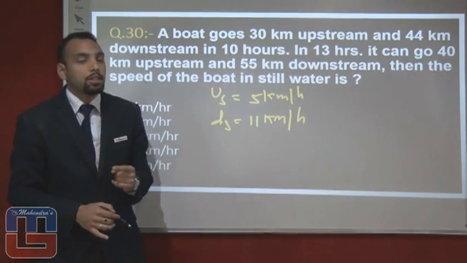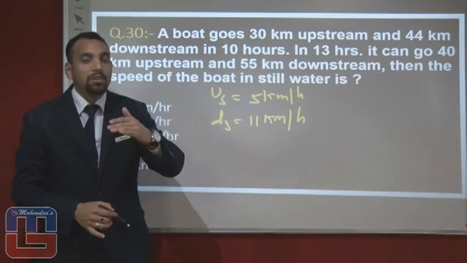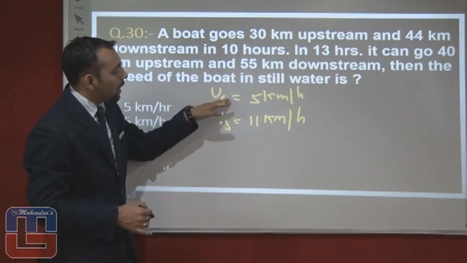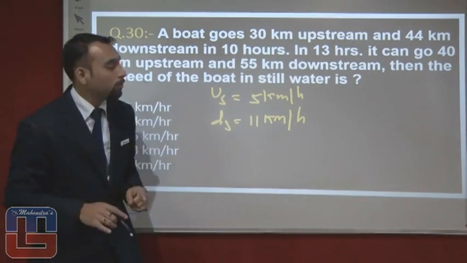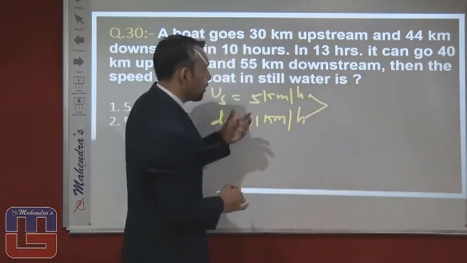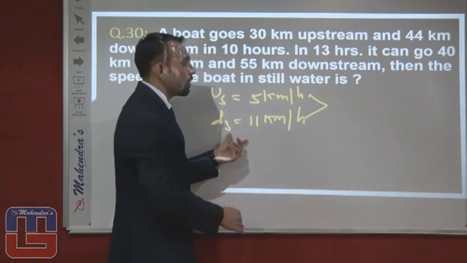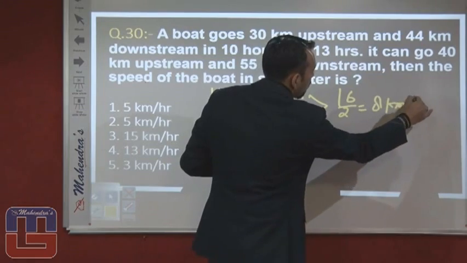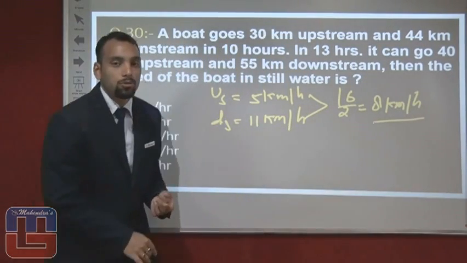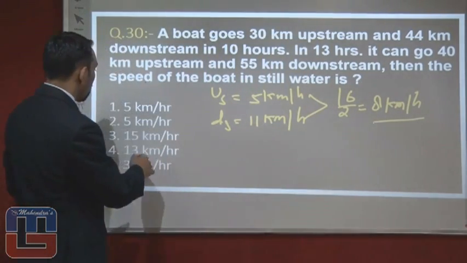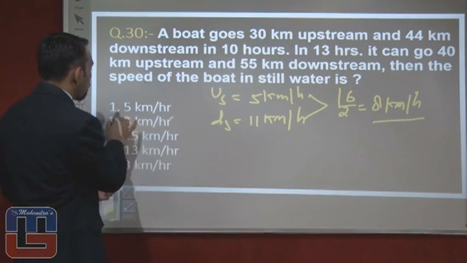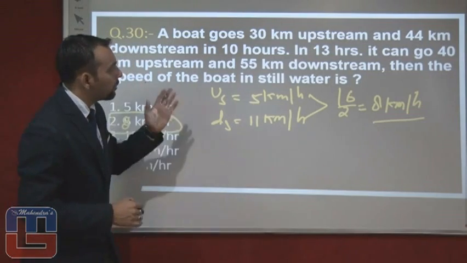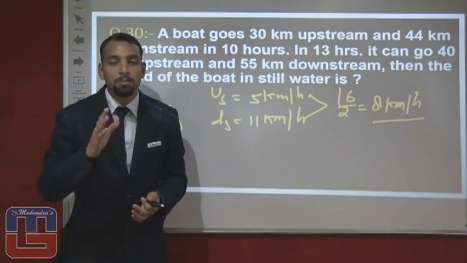We have to find the speed of the boat in still water, and we know that if upstream and downstream speeds are given, we add 5 plus 11, which is 16, divided by 2, so the answer will be 8 km per hour. Now see the options. So the answer of this question will be 8 km per hour.